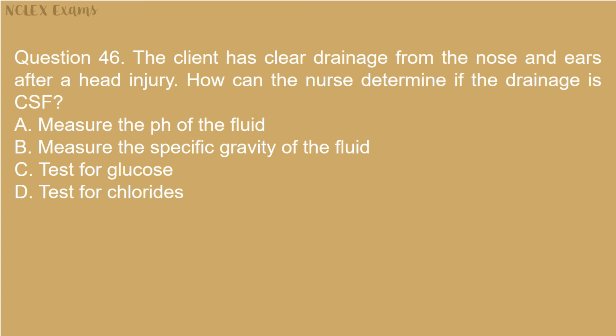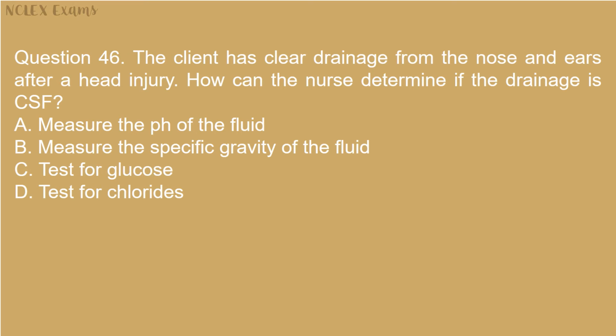Question 46. The client has clear drainage from the nose and ears after a head injury. How can the nurse determine if the drainage has CSF? A. Measure the pH of the fluid. B. Measure the specific gravity of the fluid. C. Test for glucose.